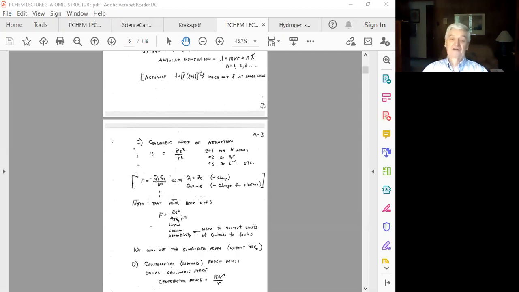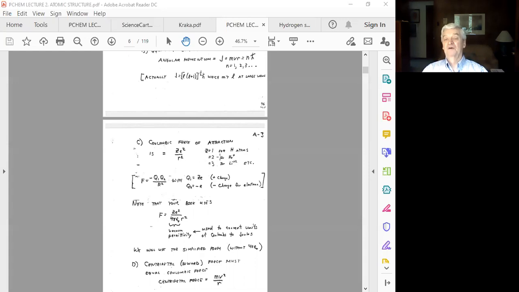So here we're going to have a proton in the center of the atom, an electron going around it. And just to make this more generic, I'm going to write this not only for hydrogen, but for hydrogen-like systems that have one electron. For example, helium plus will have 2 protons in the center, and that's what I mean by Z equal to 2.